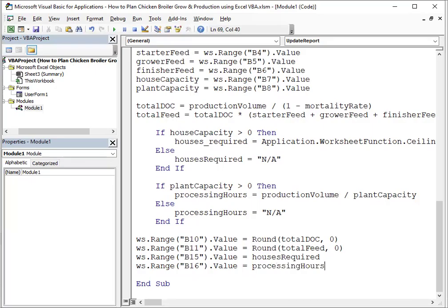All right. Before we end it, I need to put a message box so that whoever is encoding the data will understand that it was successful. So our message would be report updated successfully.